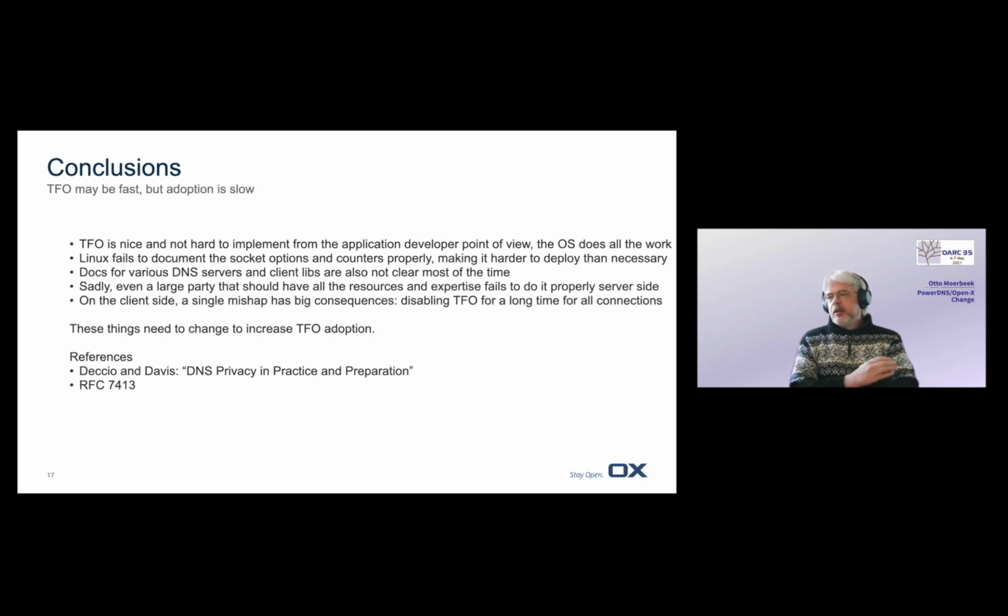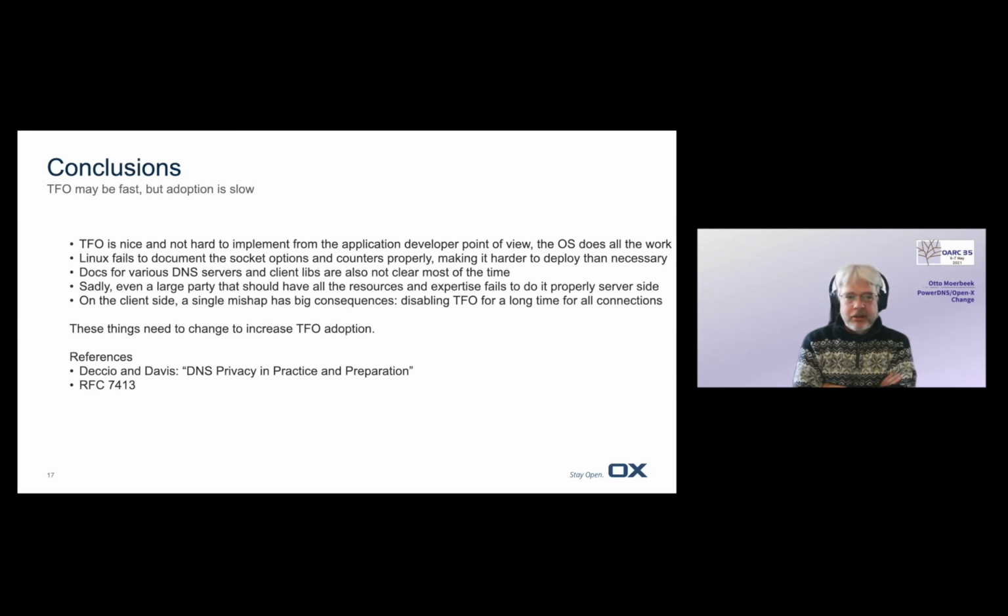So I think we can come to the conclusion that TFO as a technical measure does work. It is faster than no TFO, but the adoption is very slow, even if the kernel does all the work and the introduction into an application is pretty simple.